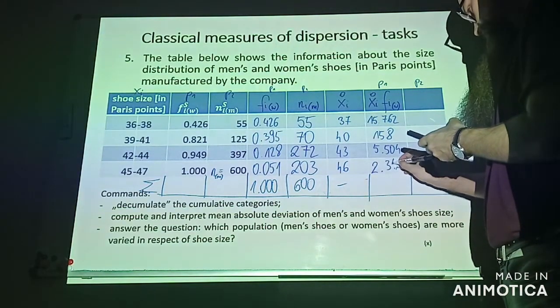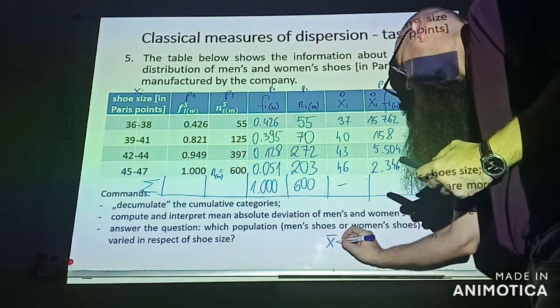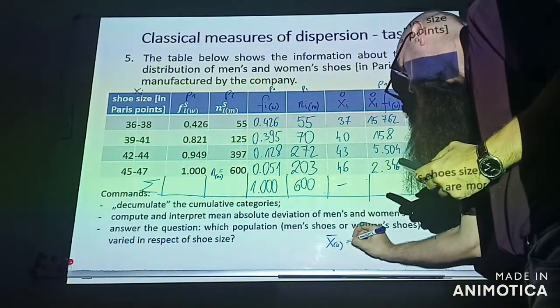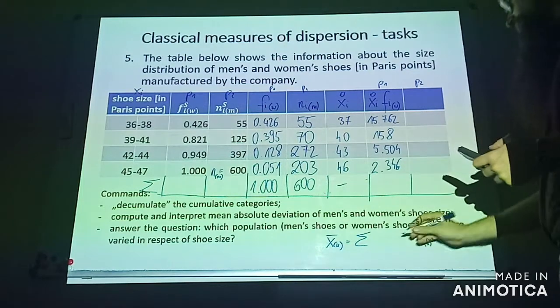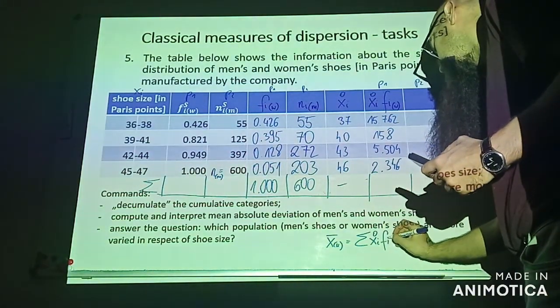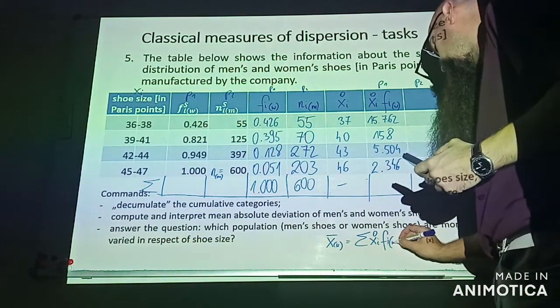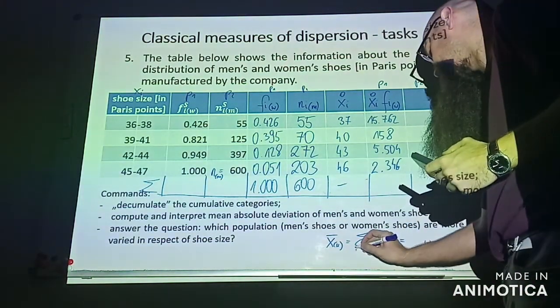I need, as I said before, the sum of that column in which I have the middle of the classes multiplied by the relative frequencies.